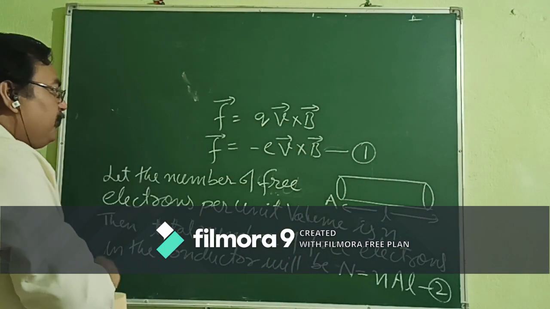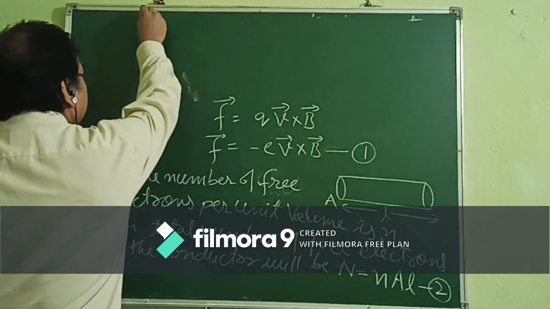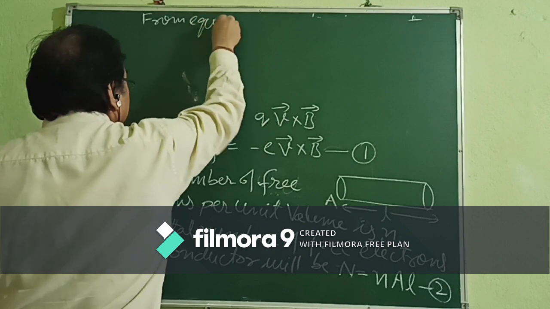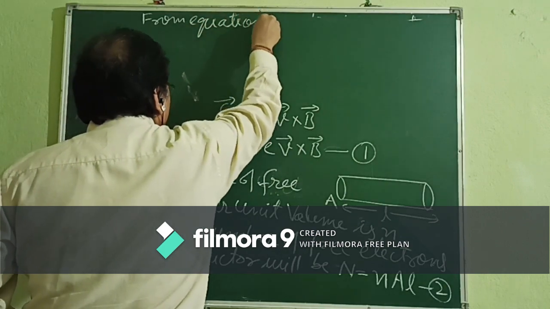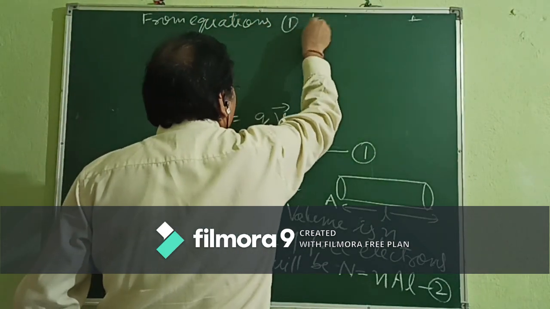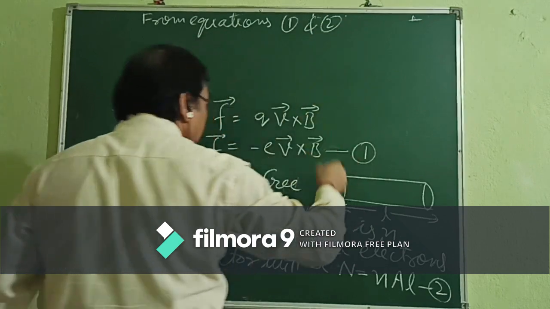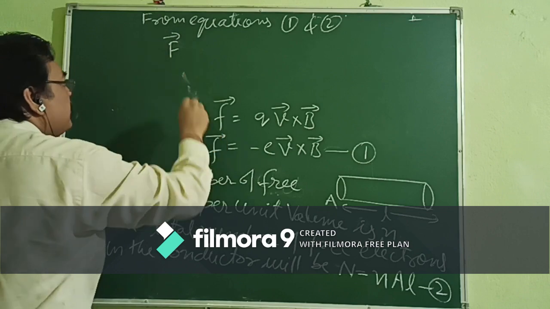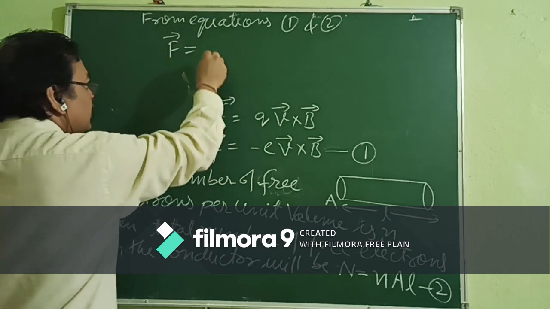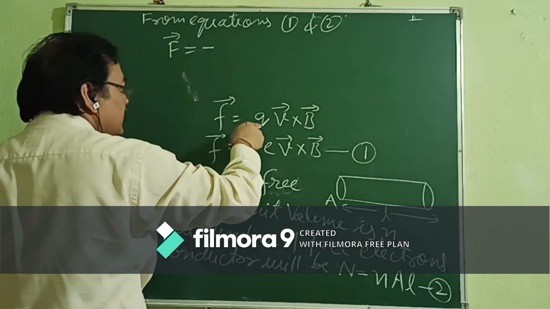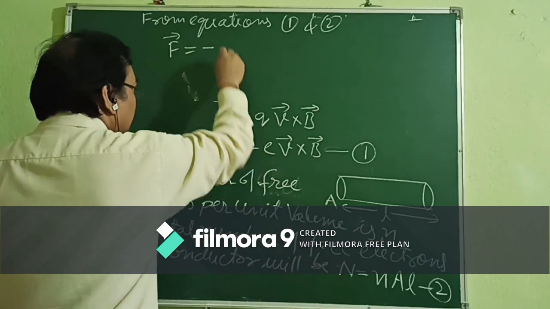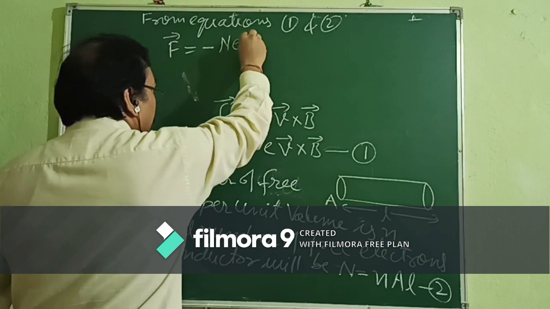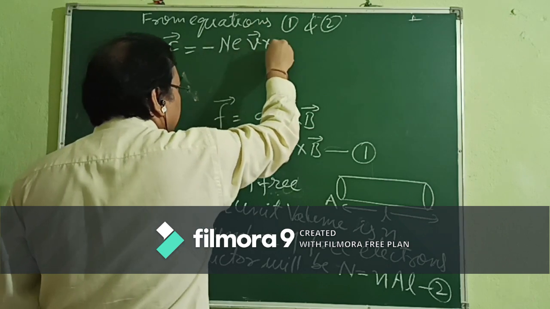From equations 1 and 2, we get F, writing capital F instead of small f because this is the net force, and minus is there: F = -N e (v cross B).